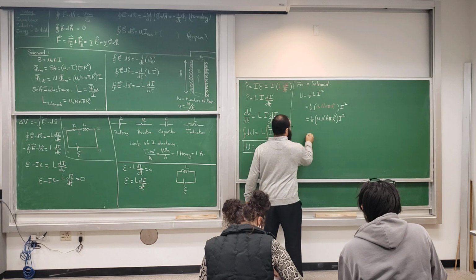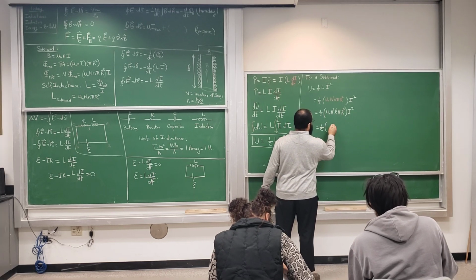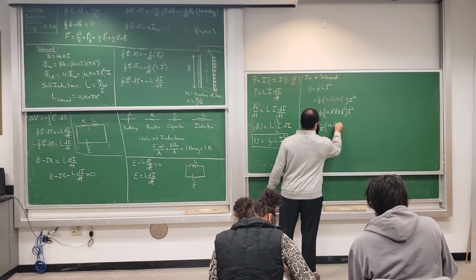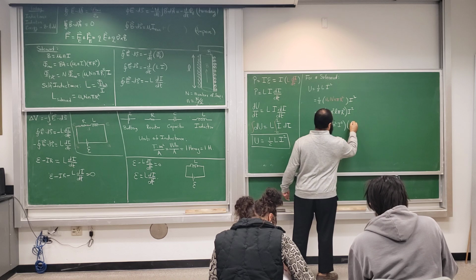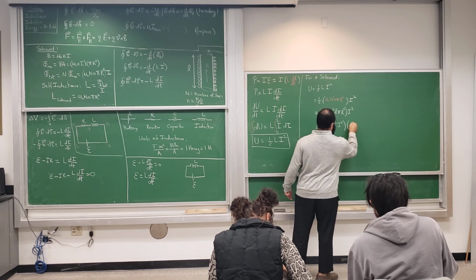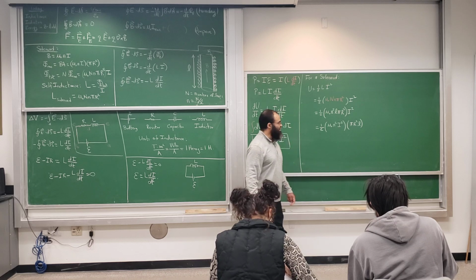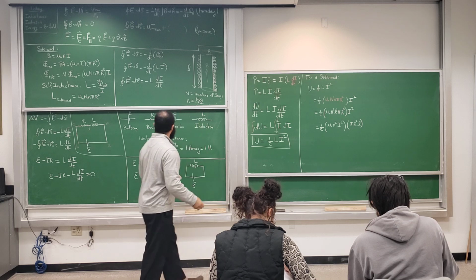More work. Well, 1/2 I have mu naught n squared I squared, and here I have pi r squared times L. And this resembles kind of the magnetic field.